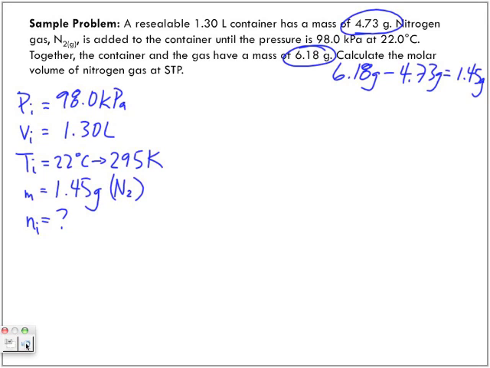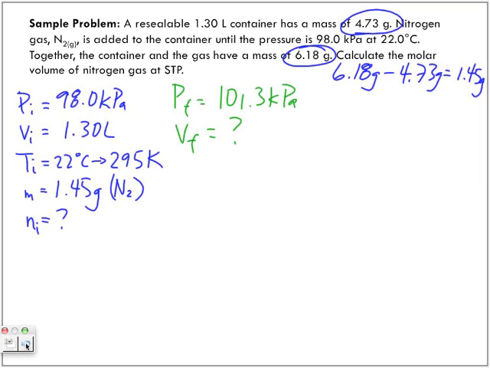So now, final pressure. Let me use a different color here. So we've got our final pressure at STP, and remember, 101.3 kilopascals. So hopefully all that work wasn't for nothing if you didn't know that. The volume, that's what we need to find, because for molar volume, volume divided by the number of moles.